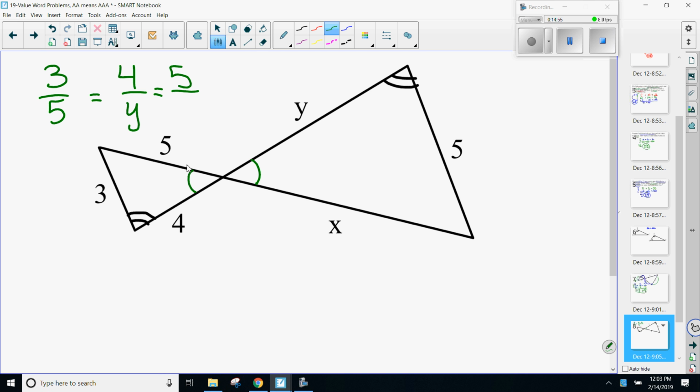But if this is a confusing method to you, I will show you a scale factor. And then 5 here corresponds to x in your other one. So what is x equal to? Cross multiply and divide, and you get 25 over 3. What is y equal to? 20 over 3.